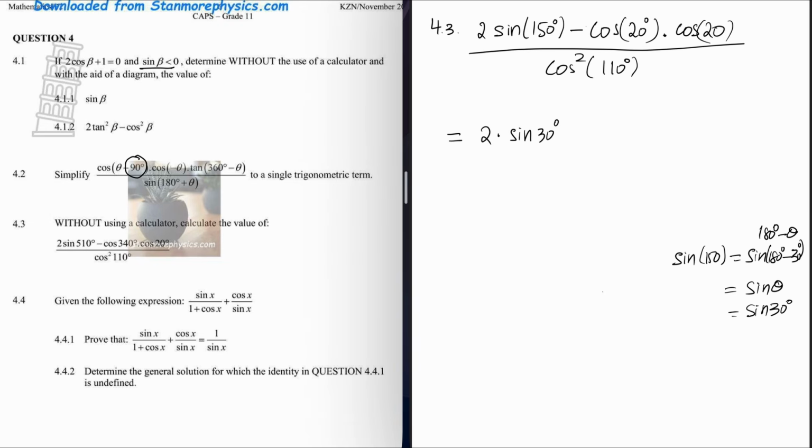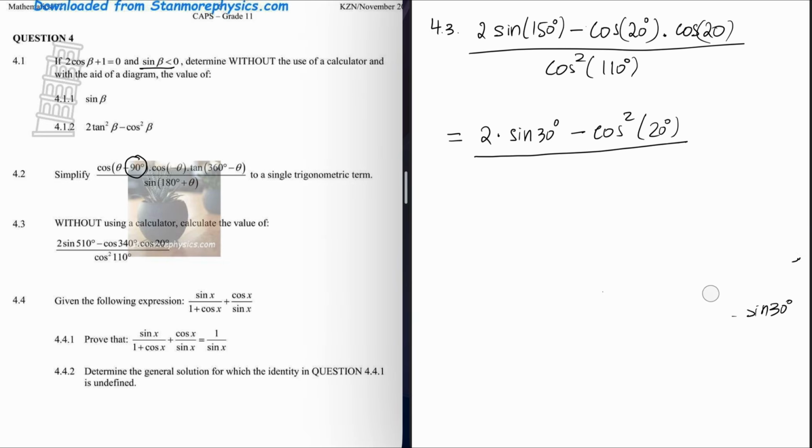Now let's deal with the cos 20. So the cos 20 and the cos 20 will multiply, and I will get minus cos squared 20 degrees. And now let's work on the 110. So cos of 110, the only thing we can rewrite it as is 180 minus. We're going to have cos of 110, and that's going to equal cos of 180 minus 70 degrees.